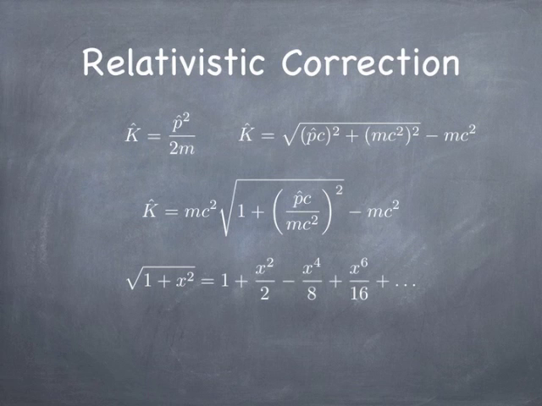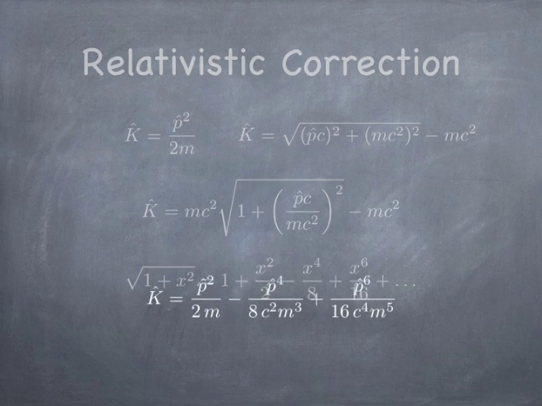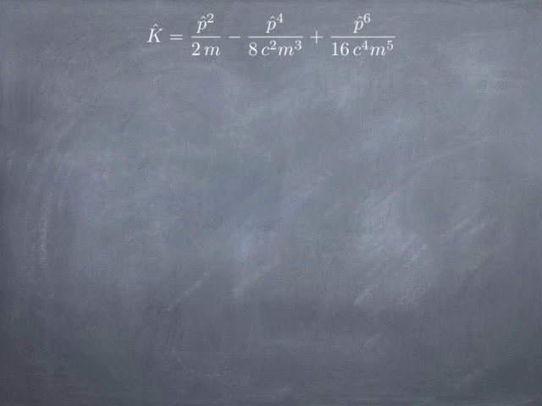Then if I put in x as pc over mc squared, I get that K is the classical kinetic energy, and then I have to add in a few corrections, and of course if I want to get it exact, I have to add an infinite number of corrections. But what we're going to find is that these corrections become extremely small extremely quickly.